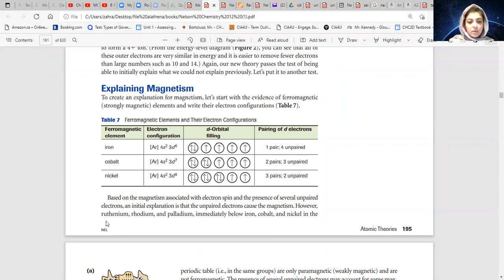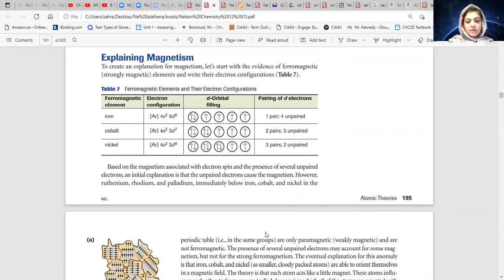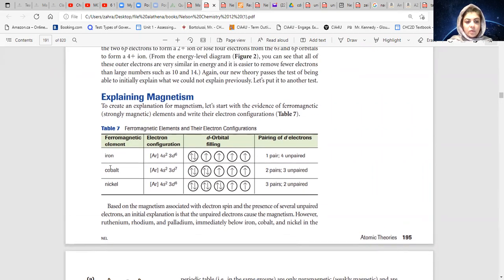However, rubidium and palladium, immediately below iron, cobalt, and nickel in the periodic table, are only weakly magnetic. Anyway, look at this example: iron, cobalt, and nickel. Here, iron has 1, 2, 3, 4 unpaired electrons. It's very magnetic, right?